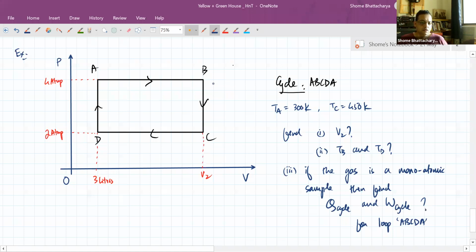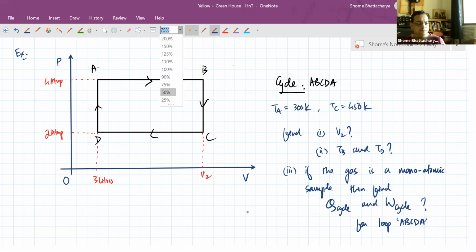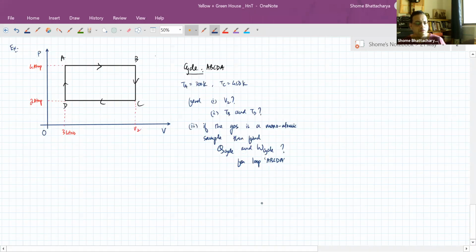Okay. So let us just work out this question quickly. So we can see that EB is which type of process? It is isobaric. Okay. So temperature should be proportional to volume. So temperature at B upon temperature at E should be equal to V2 divided by 3 liters.